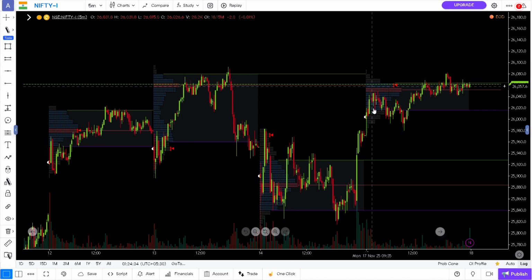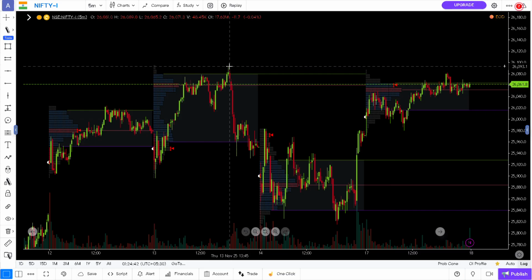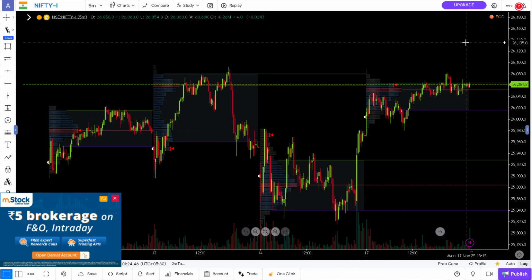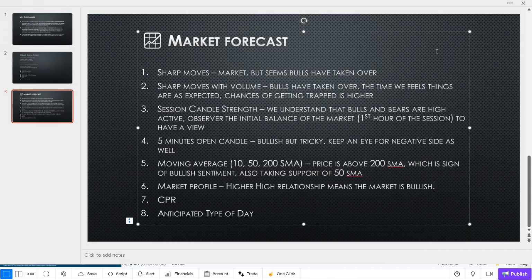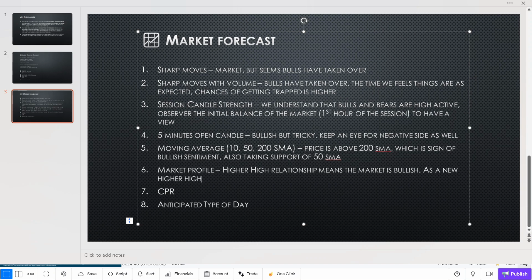If the price had moved above this point and the market profile had created above this point, we could have said that a higher high was broken by a new price movement. We'll keep this as a new higher high is not created.